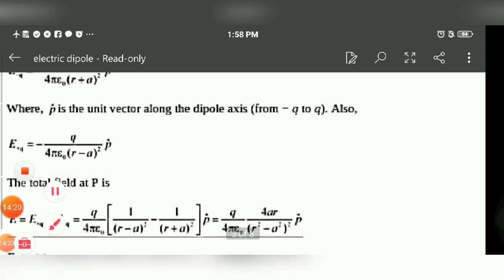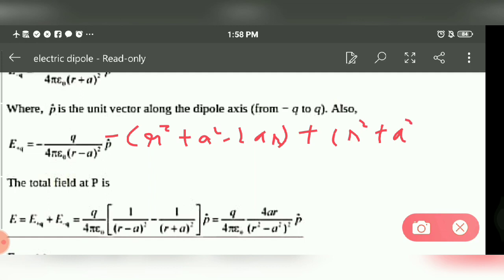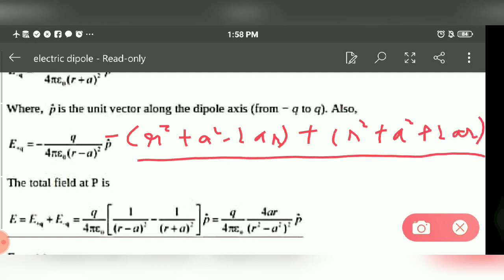So we get here, I'm going to open the bracket: minus of R square plus A square minus 2AR, plus R square plus A square plus 2AR, upon R square minus A square, that is, A plus B, A minus B, and whole square. If we open this bracket, this is going to be negative, this is going to be negative, but this is going to be positive.